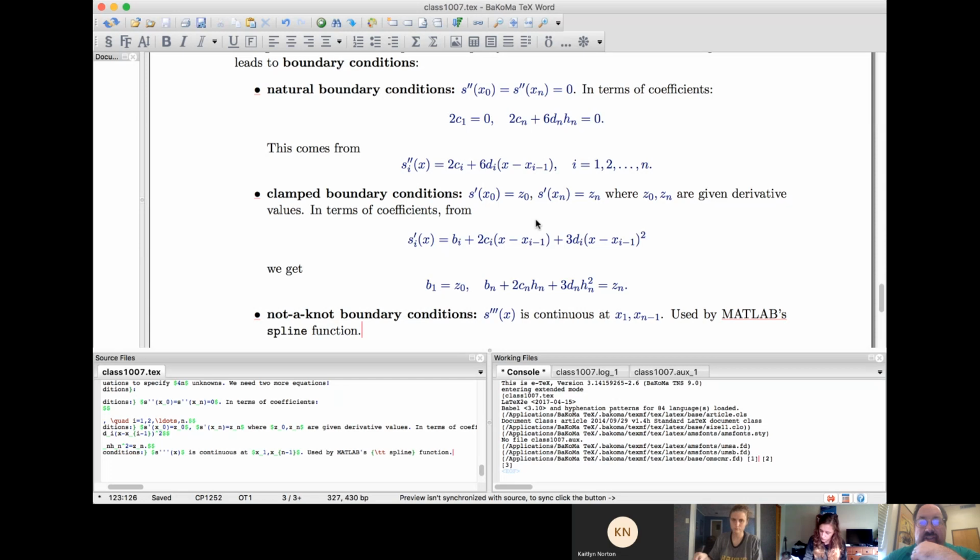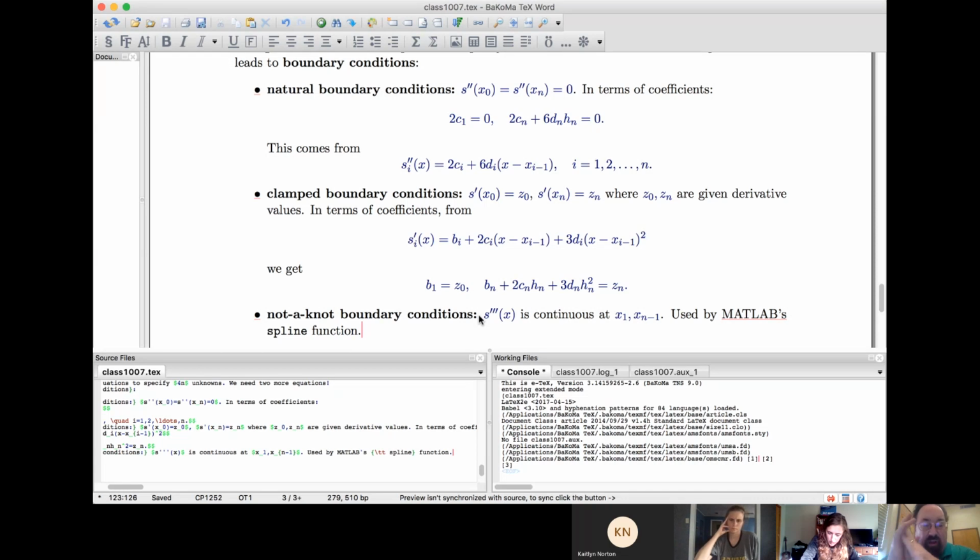And for natural boundary conditions, it's questionable how natural they really are. You're basically saying that your function behaves like a linear function near the boundary, and maybe it doesn't. So not-a-knot is a good default.